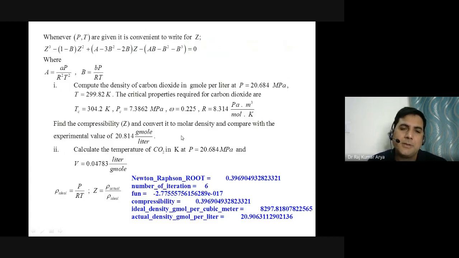The experimental value is 20.814 gram mole per liter. After that, calculate the temperature of CO2 in Kelvin, where pressure and volume are given to you. You are supposed to calculate temperature.